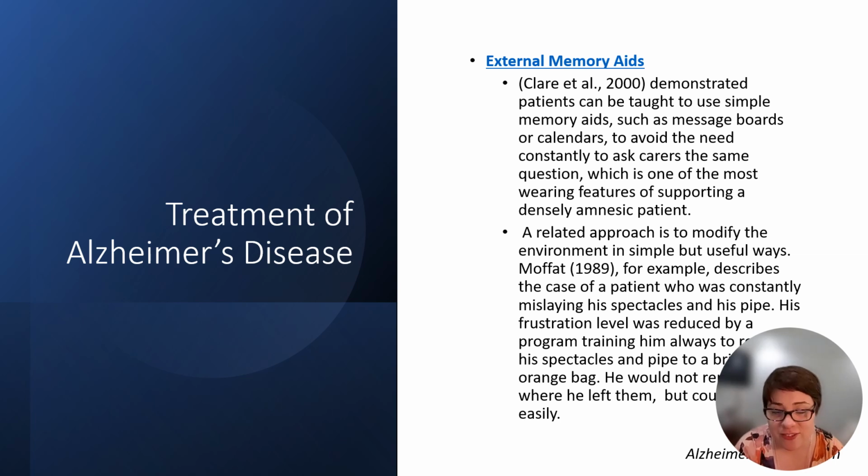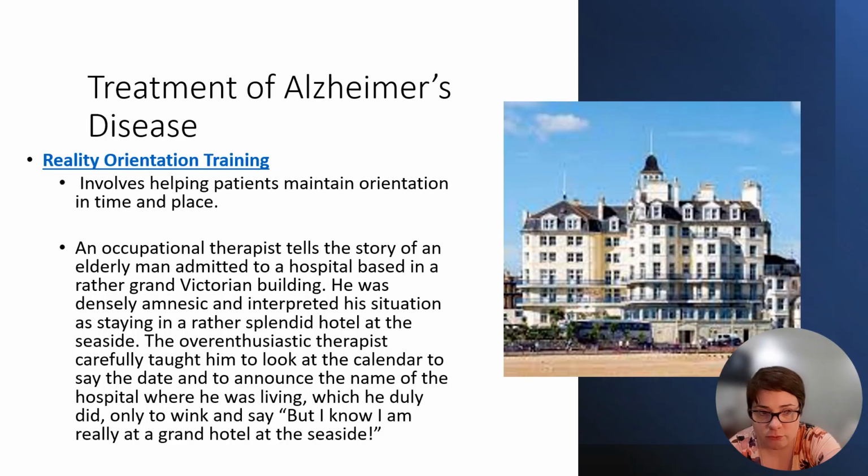So simple things like that, manipulating the environment so that there are more retrieval cues present, is a really effective treatment in the early and moderate stages of Alzheimer's disease. Another really promising and interesting form of treatment is something called reality orientation training.